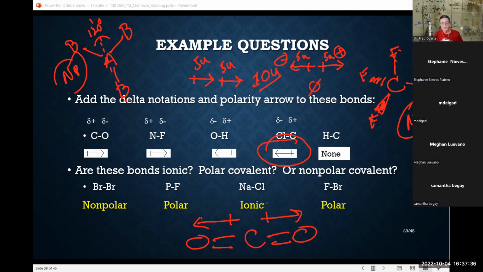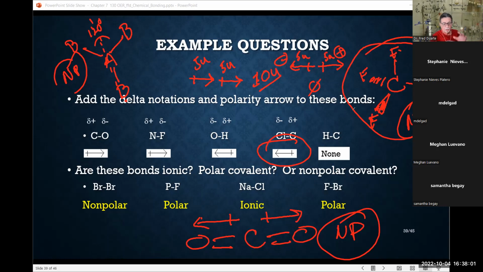So the polarity of the right bond cancels out the polarity of the left bond, resulting in a net nonpolar molecule. Carbon dioxide, though it has polar bonds, because of the geometry, they cancel each other out, resulting in a nonpolar species.